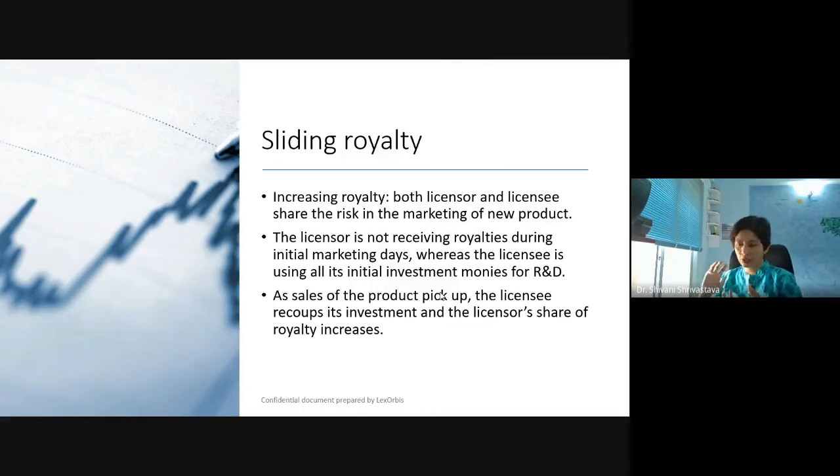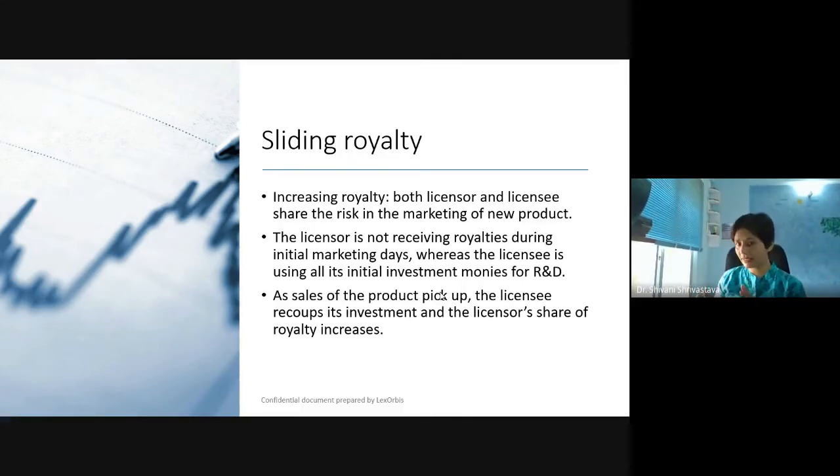When both are going to launch the product, they both are sharing the risk. The licensor may not get royalties during the initial market days because it takes time to launch a product, and the licensee is investing his own money towards research and development.